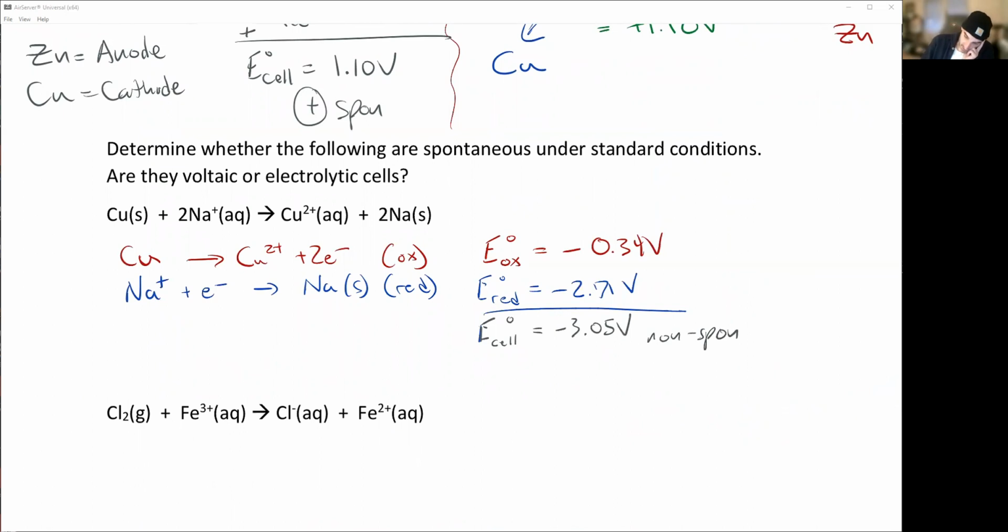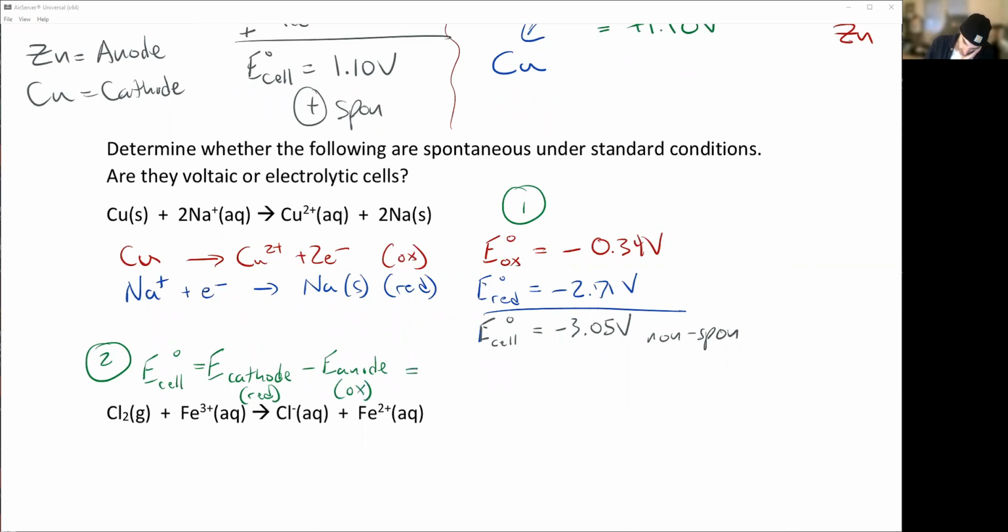So that was method one, where I reversed the sign myself. If I wanted to do it the other way, I use E cell naught is equal to E cathode, which is the reduction, minus E anode, which is the oxidation half reaction.